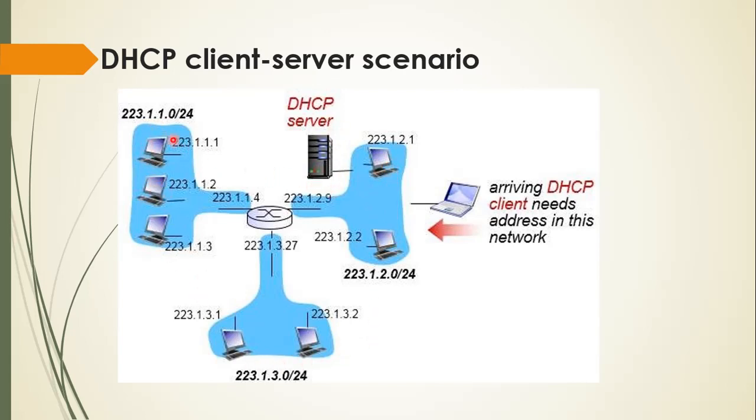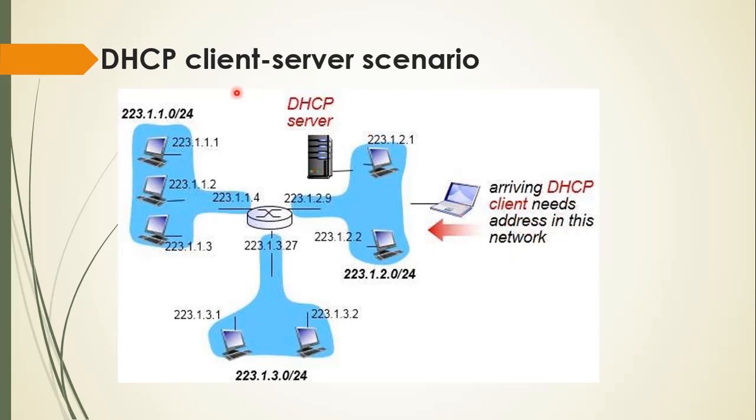We are providing IP addresses dynamically: 223.1.1.1 to this host, 223.1.1.2 to this one, 223.1.1.3 to this device. So this is the DHCP server and here we are providing dynamic IP addresses to all those devices. Arriving DHCP clients need addresses in this network.